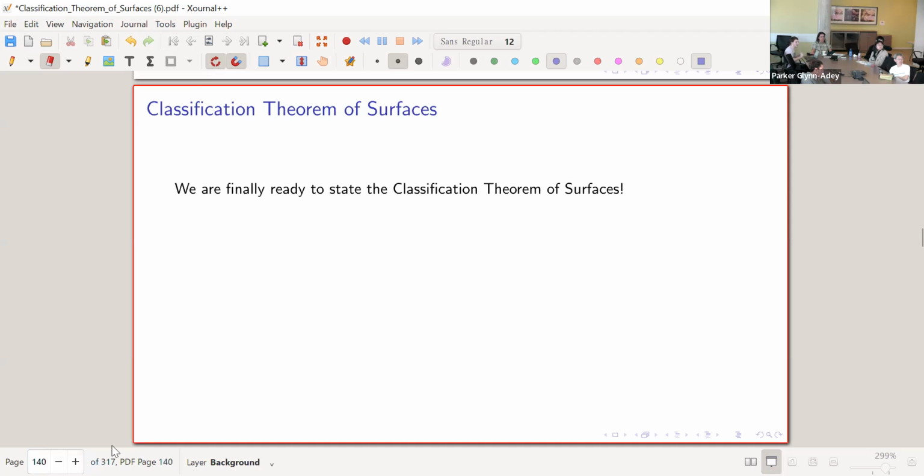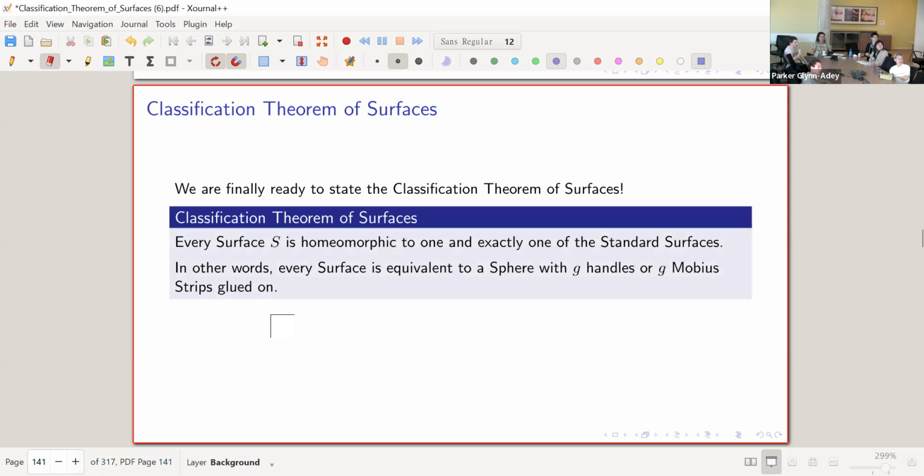Okay, so finally, we're ready to state the classification theorem of surfaces. The classification theorem says every surface S is homeomorphic to one and exactly one of the standard surfaces. So either every surface is topologically equivalent to a sphere with G handles, or it's topologically equivalent to a sphere with G Mobius strips glued on.